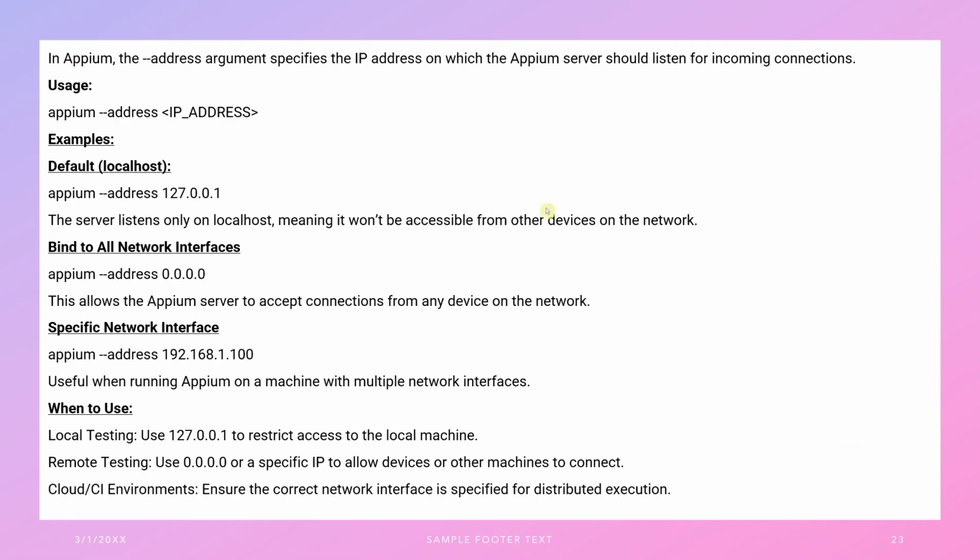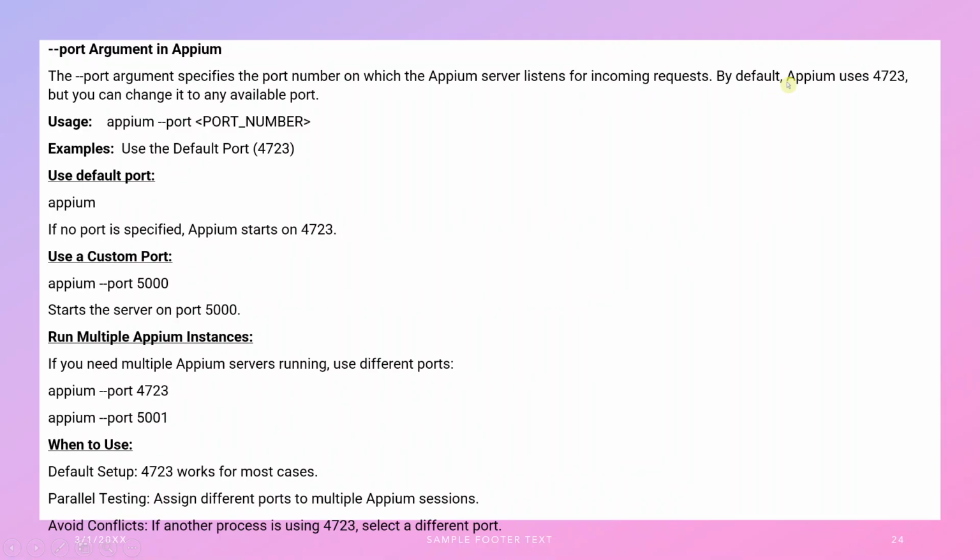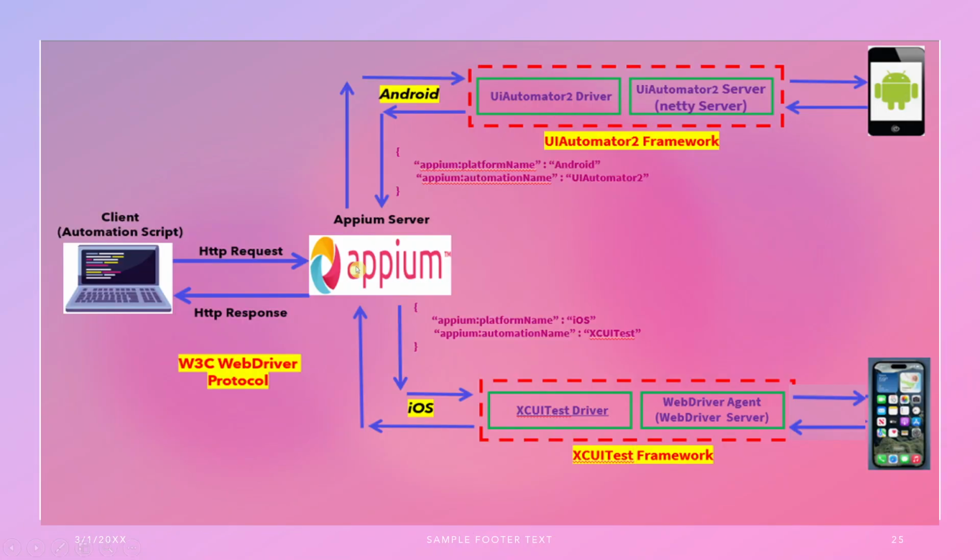In APM, the address argument specifies the IP address on which the APM server should listen for incoming connections. That means if we see the APM architecture, from the client we are sending some request to the APM server. The request has to go from a particular IP address.